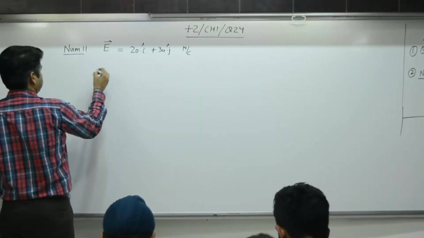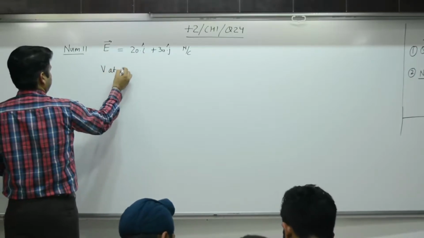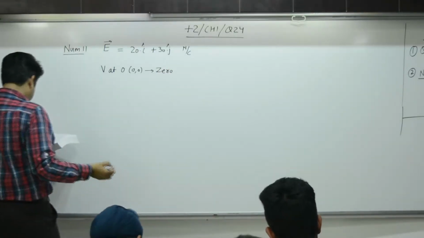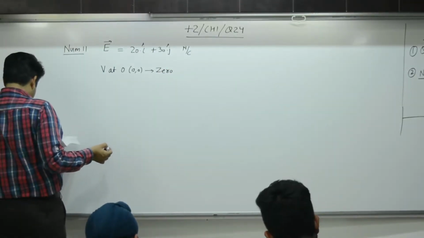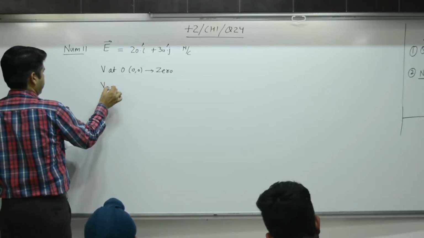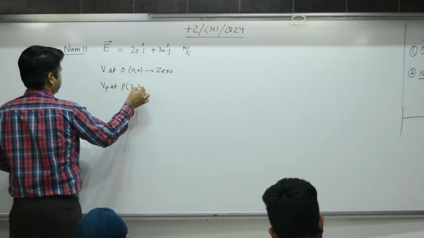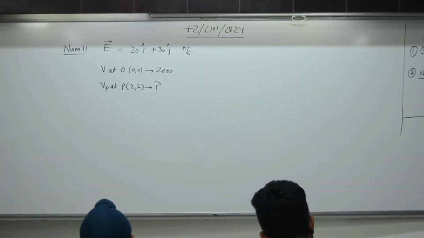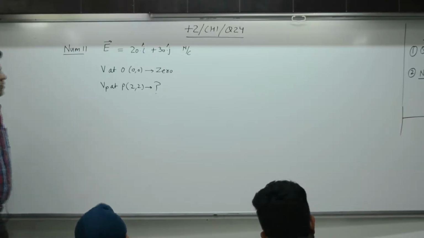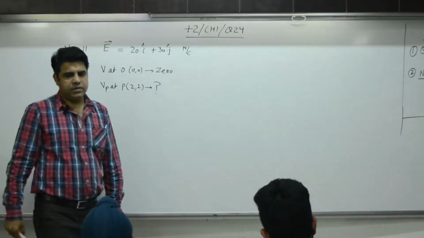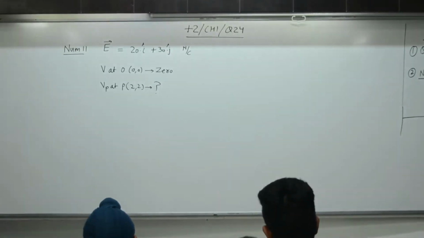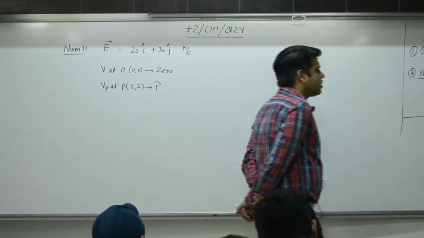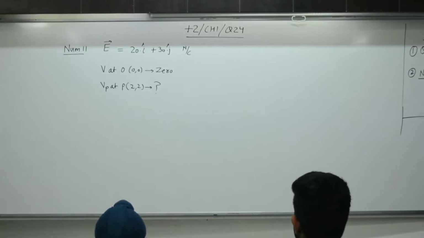Potential at origin. Potential at O 0, 0 is taken as reference. Find potential at P. Coordinates of P is 2, 2. Draw. E is 20I plus 30J.